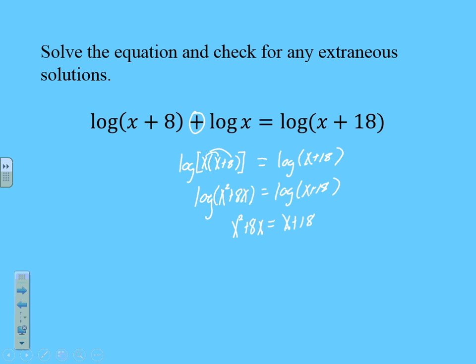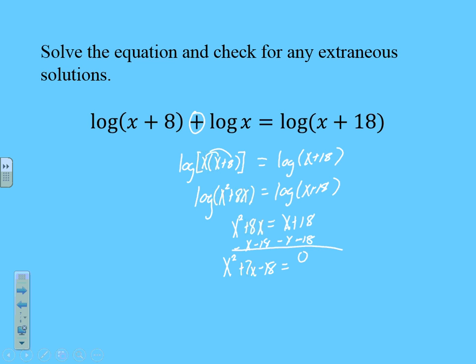Now on the left side we have an x squared term, and on the right side we have just an x to the first power. So we're going to take everything, move it to the left side, put it in standard form, and on the right side everything cancels out and gives me 0, and on the left side I'm going to get x squared plus 7x minus 18 to be equal to 0.